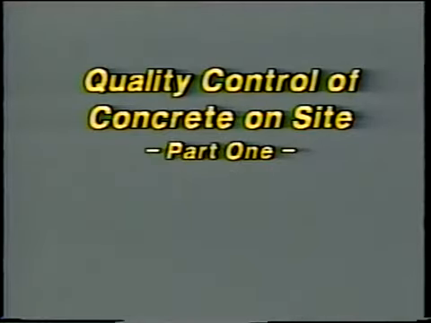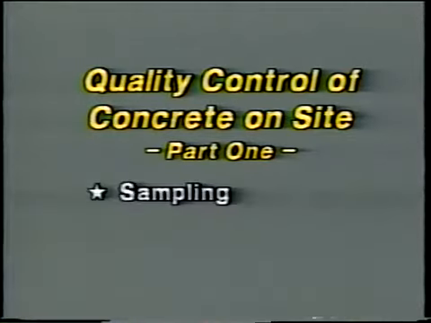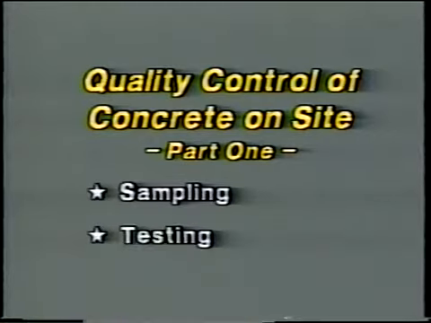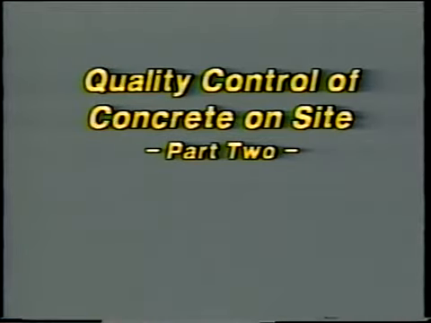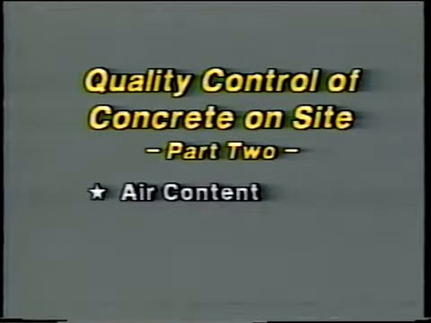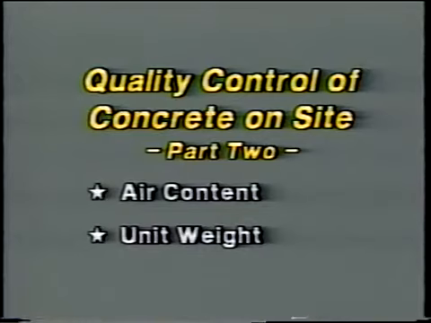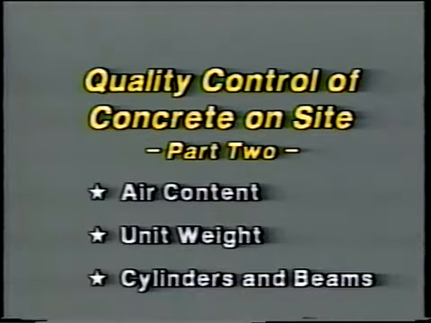So, here in Part 1, we'll look at sampling concrete and at the test methods for temperature and slump. In Part 2, we'll look at the test methods for air content and unit weight, as well as the procedures for making cylinders and beams.